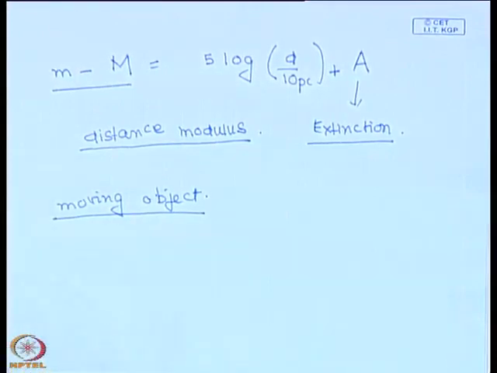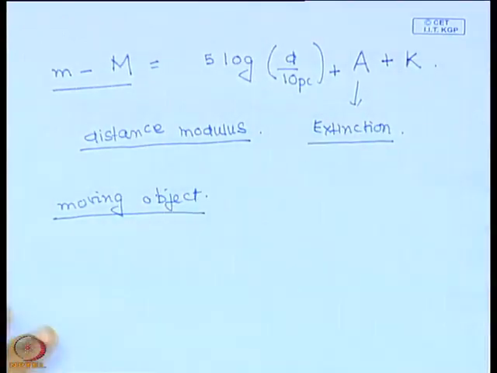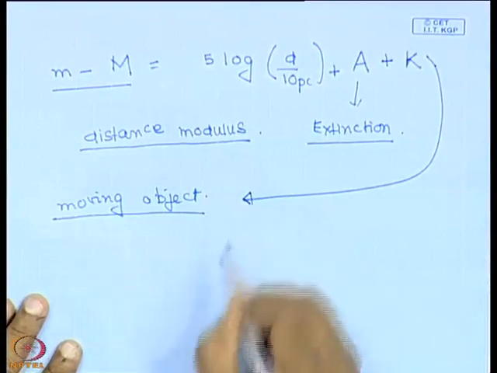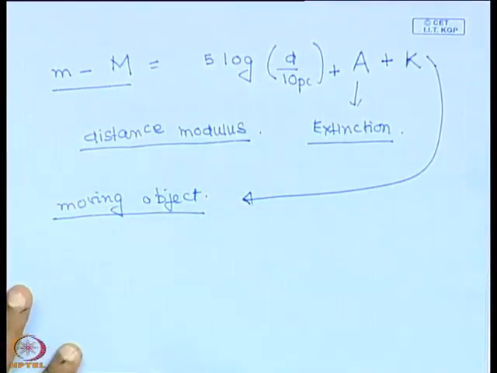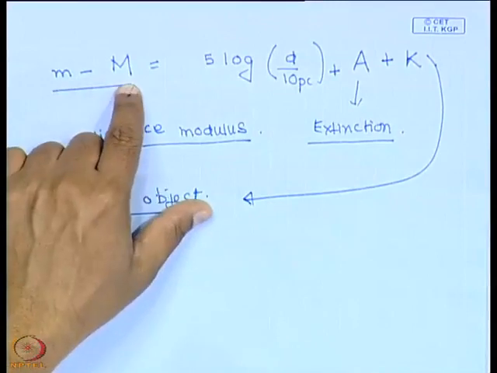Okay. So, one has to correct for this effect also, and one can in principle correct for this if you know the spectrum of the object, the spectral distribution. This is corrected by introducing something called the K correction, which takes into account the fact that when you look at a particular band, it corresponds to a different band in the rest frame of the object. This refers to the flux measured by us, the apparent flux, the apparent magnitude.